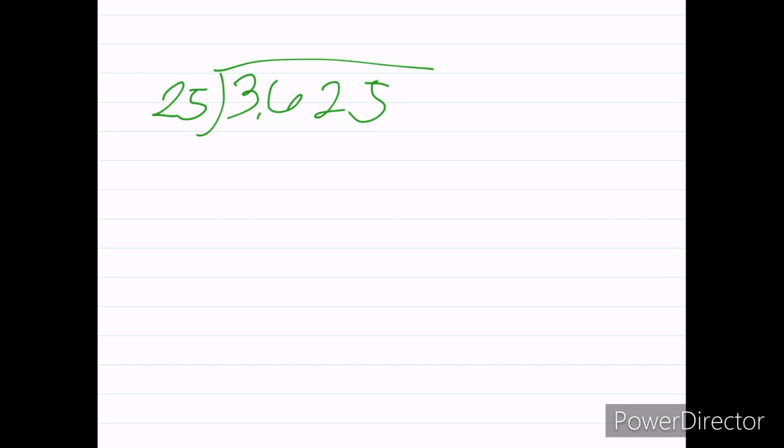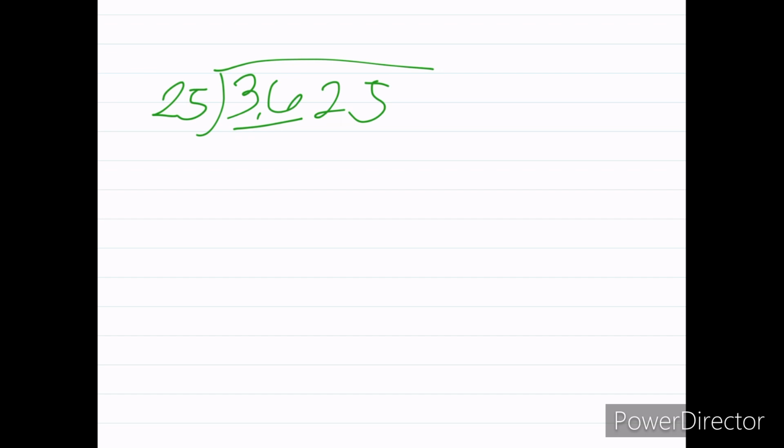3,625 divided by 25. So we are going to count how many 25s are there in 3,625. So first, let's focus on the first two digits, 36. Since 36 can be divided by 25, how many 25 are there in 36?